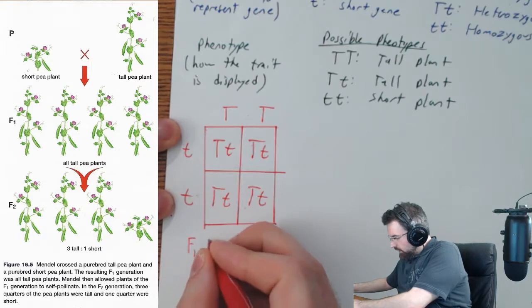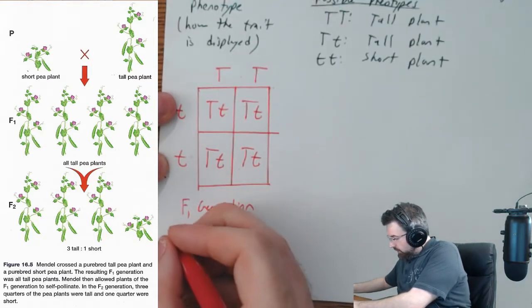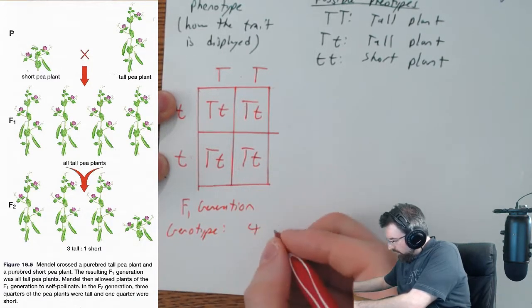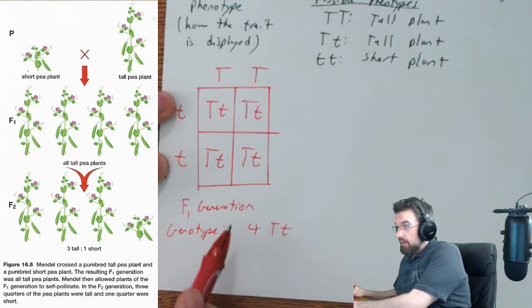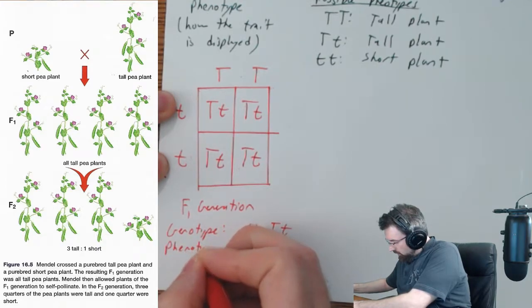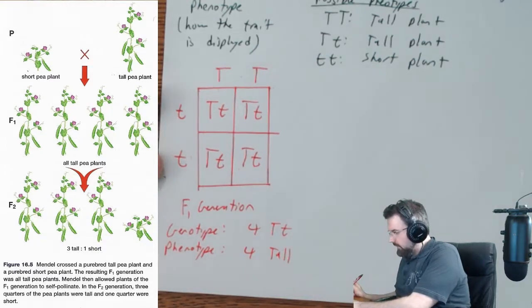So F1 generation, I'll say genotype is 4 Tt. So it's all heterozygous. And the phenotype will be 4 tall. All of them are going to be tall.